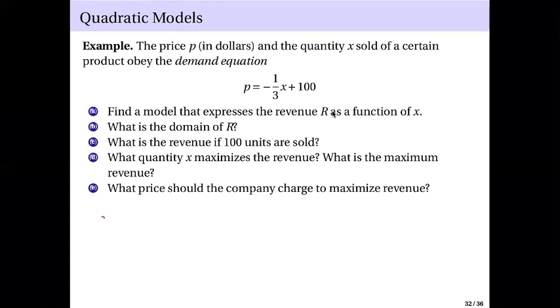According to the definition from the previous slide, revenue is just xP. So you have x times P, which is negative 1/3 x plus 100. Distributing the x, we have negative 1/3 x squared plus 100x. So this is your revenue function.